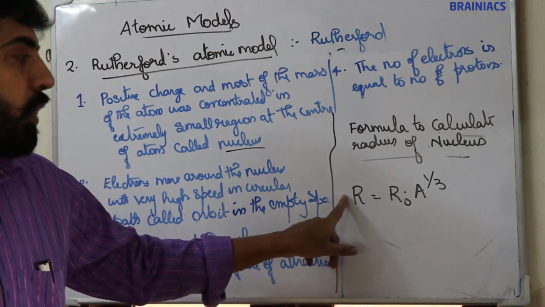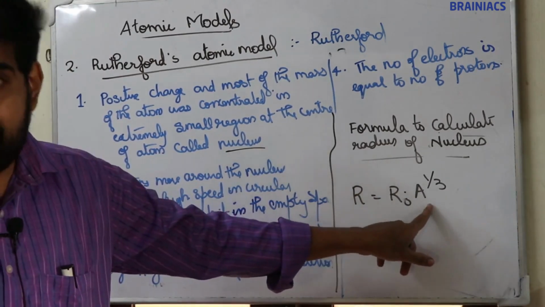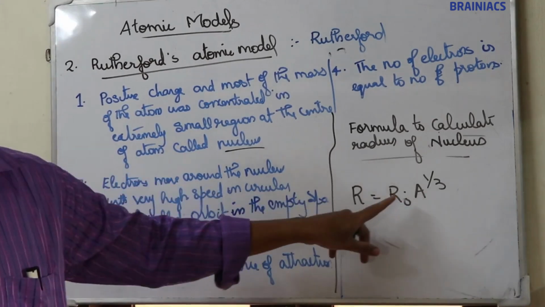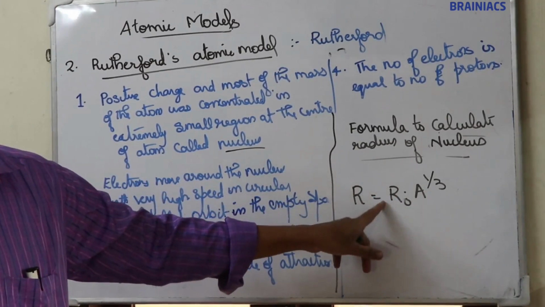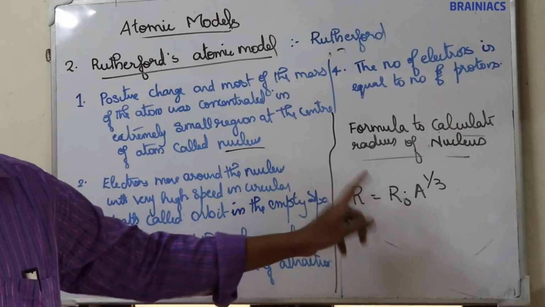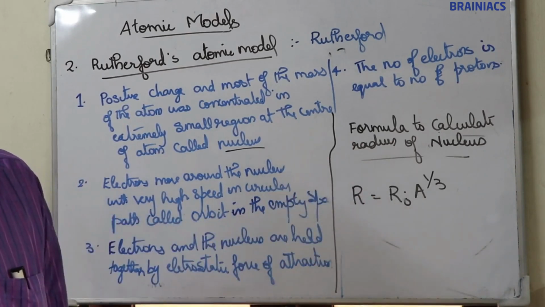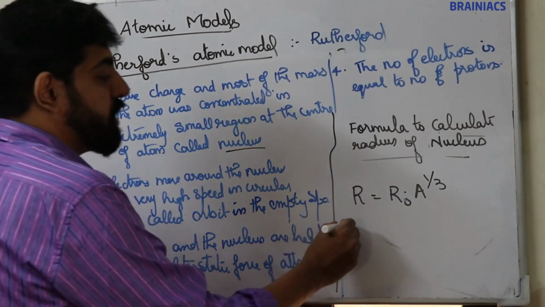A is the mass number, and R0 is a constant. Its value is 1.33 into 10 raised to minus 13 centimeter.